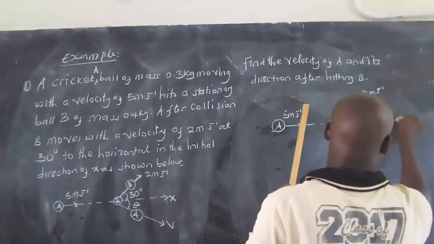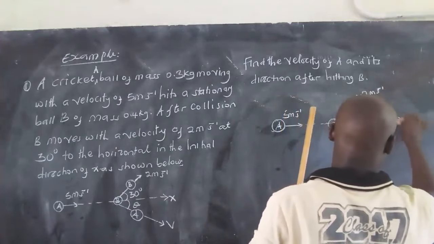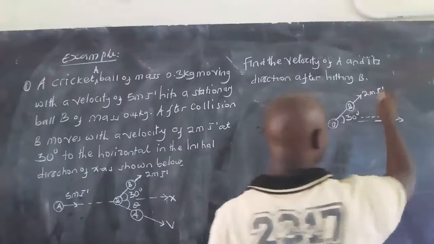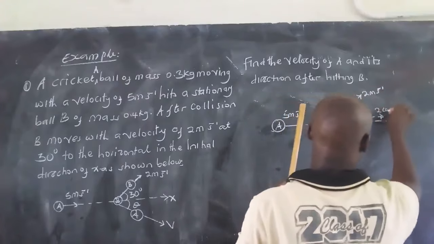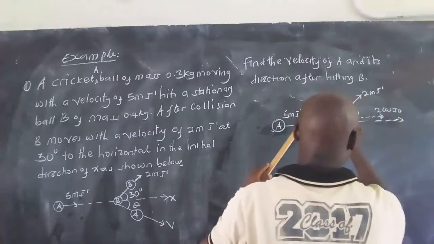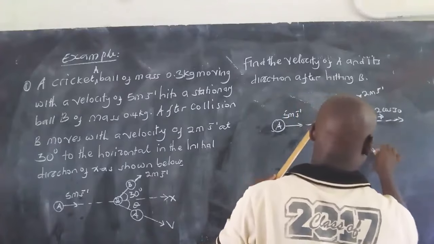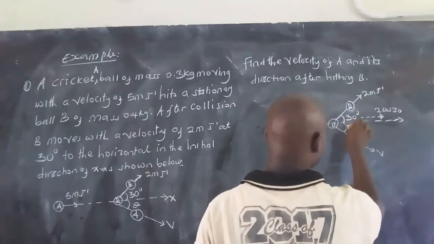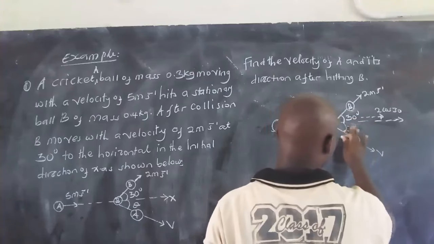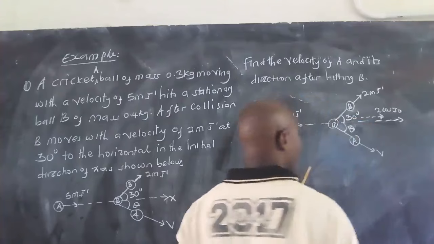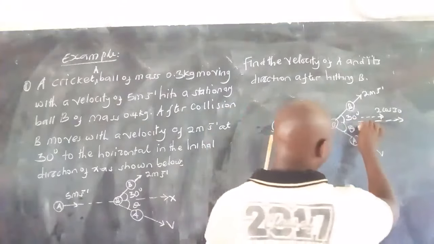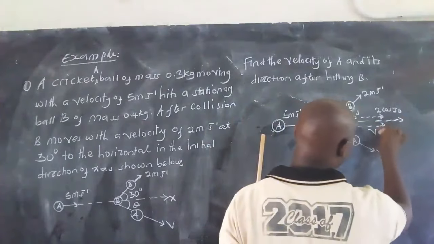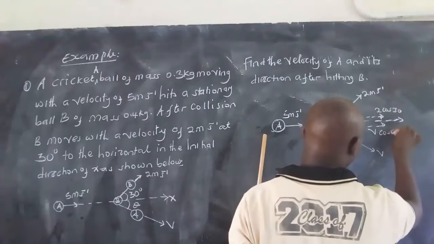The horizontal component of this velocity will be 2 cos 30. Then we have this one here. This is V, this is A, this is 30, and this is theta. The horizontal component of V will become V cos theta.